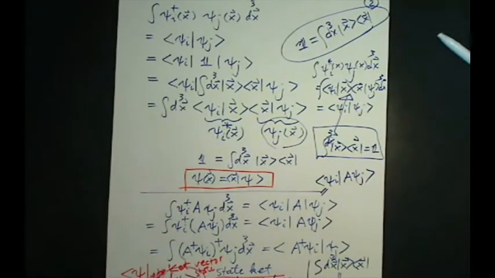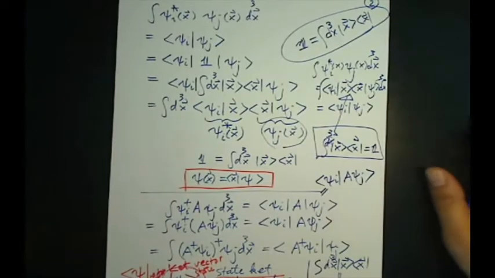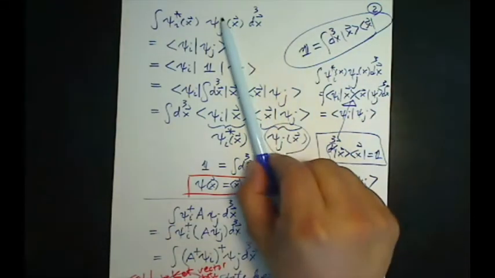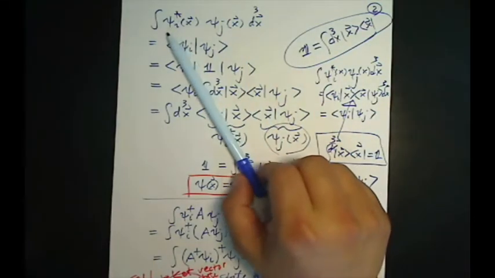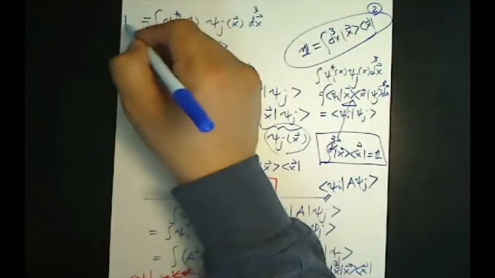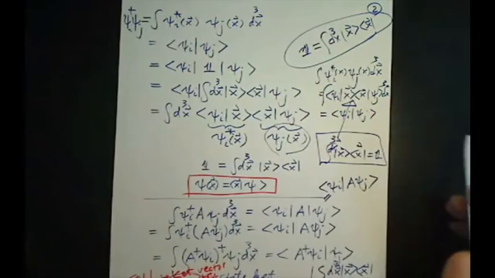Let us compute the scalar product of two eigenfunctions of a quantum mechanical system, which are orthogonal. We have psi i. In the finite case, this is phi i dagger phi j, something like that.